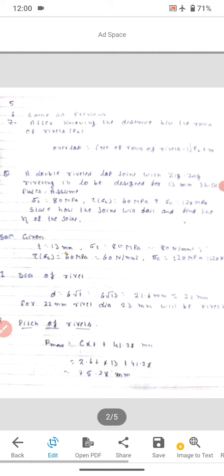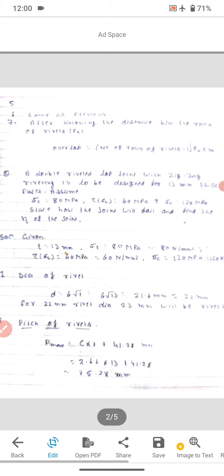So write it, and in the solution portion you may see t is equal to 13 mm given, sigma t 80 MPa given, tau is equal to 60 MPa given, and sigma c 120 MPa already given.